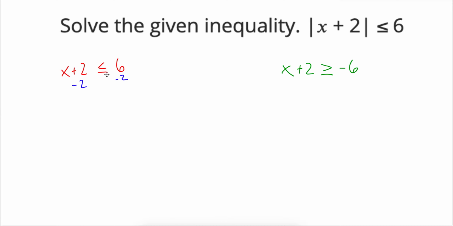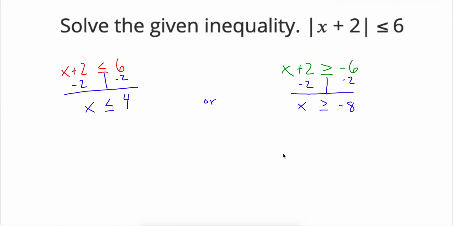Subtract 2 from both sides. X is less than or equal to 6 minus 2, which is 4. Or, same thing, x is greater than or equal to negative 6 minus 2, which is negative 8.